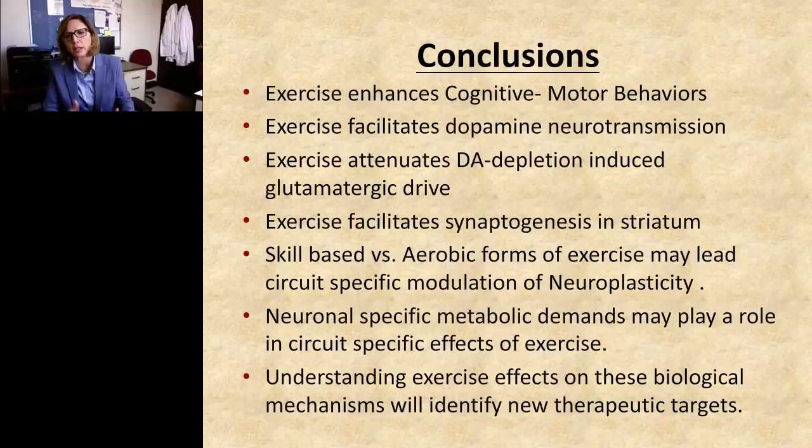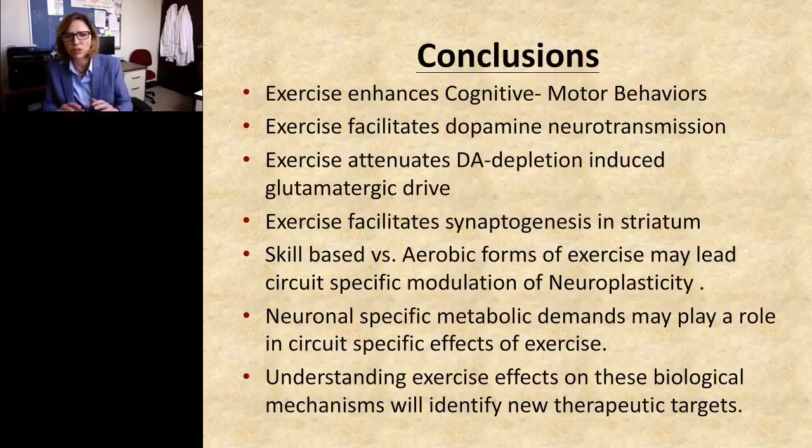I demonstrated that through changes in spontaneous EPSCs, excitatory postsynaptic currents, changes in glutamatergic storage, and also in expression of AMPA receptors. We do see, as we hoped to see, that there are differences in the type of exercise you do, meaning that skill-based or cognitively loading what you're doing with exercise is going to change how you activate circuitry, and we believe that change drives some aspect of metabolism, metabolic stress, and blood flow changes.